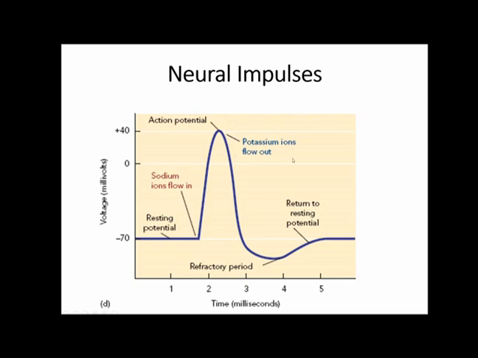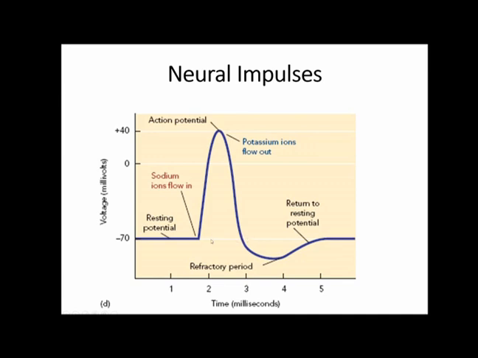And so as our positive charges start to leave, you can imagine that the charge in the cell will start going down again. They'll start getting negative as all of the positive charges leave. And so these potassium ions flow out, our charge in the cell gets negative, but you'll notice that we actually go too far.